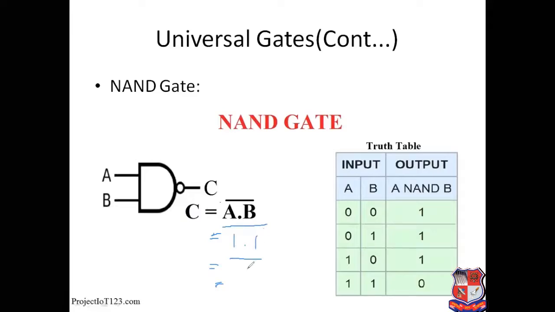So 1 into 1 is 1 and 1 bar is 0. So you will get the value 0. So here we can say the truth table of the NAND gate is the complement of the AND gate. So you can see that if both the inputs are 1, then my output is 0. Otherwise it is 1.